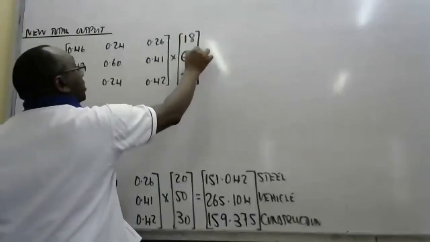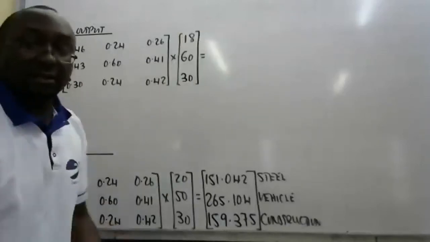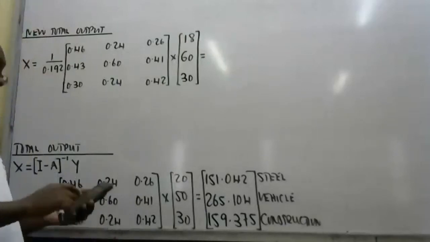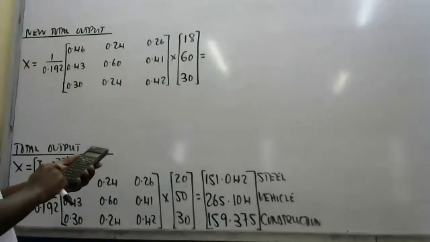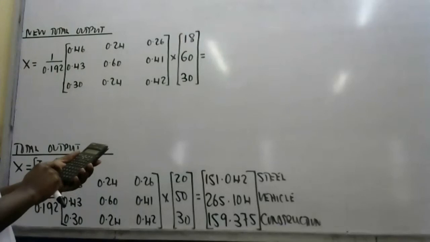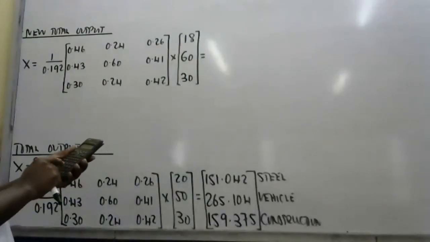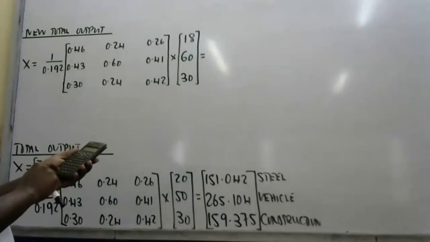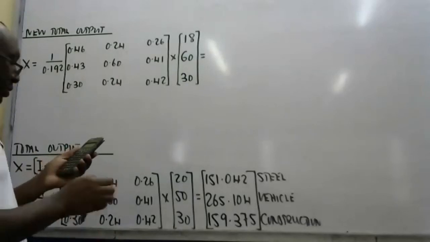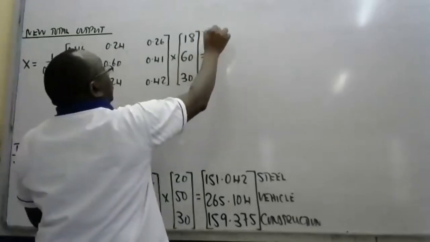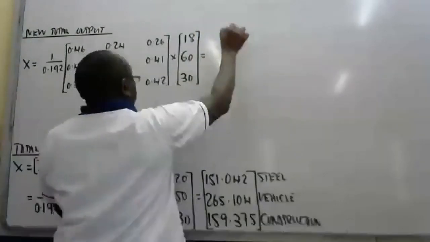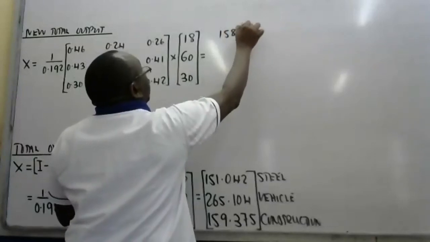So we just quickly multiply like we have done. That is 0.46 times 18 plus 0.24 times 60 plus 0.26 times 30 equals, divided by 0.192. So this is 158.75.